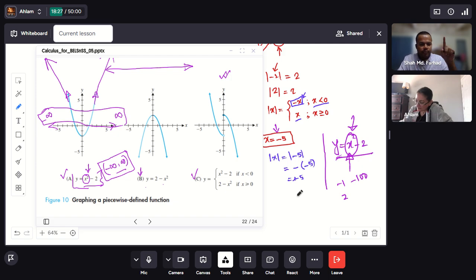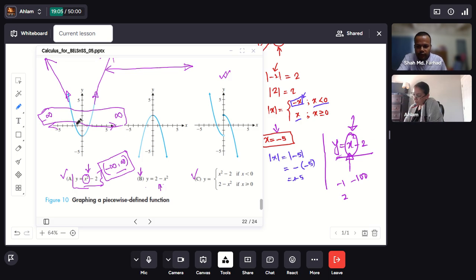It will be concave up or concave down, based on the sign of the coefficient of x square. If the sign of x square is positive, then it will be concave up, the U shape. If the sign of x square is negative, then it will be the opposite, a down U, right?